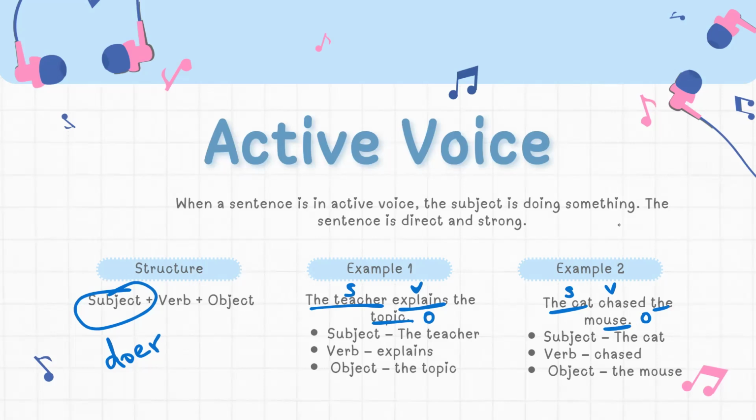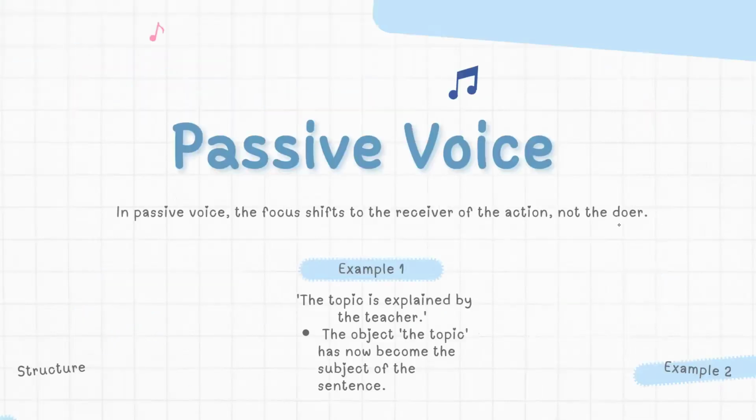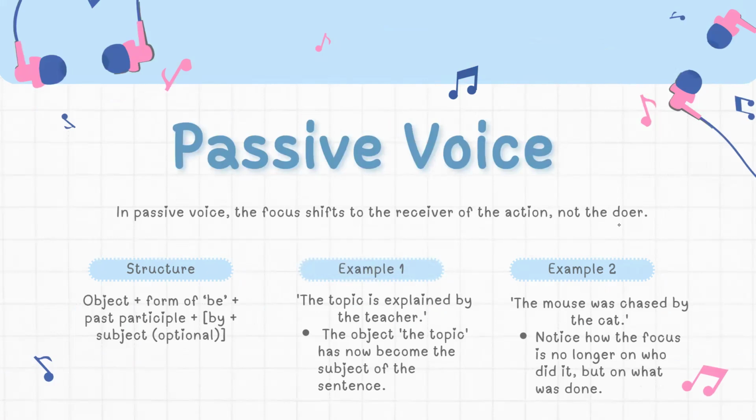Now let's move on to the passive voice. What is passive voice? Here, the focus shifts to the receiver of the action, not the doer. So it is like you are swapping the whole structure of active voice. The center focus is given to the object, and then you have a form of be, that is the to be form, which is am, is, are, was and were, based on the tense of the sentence.